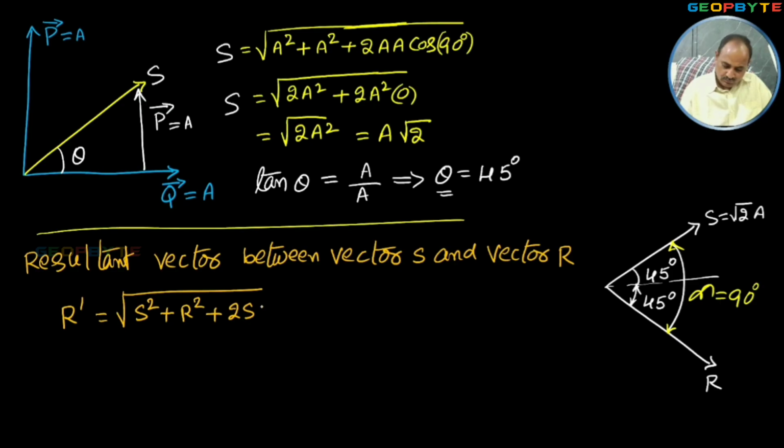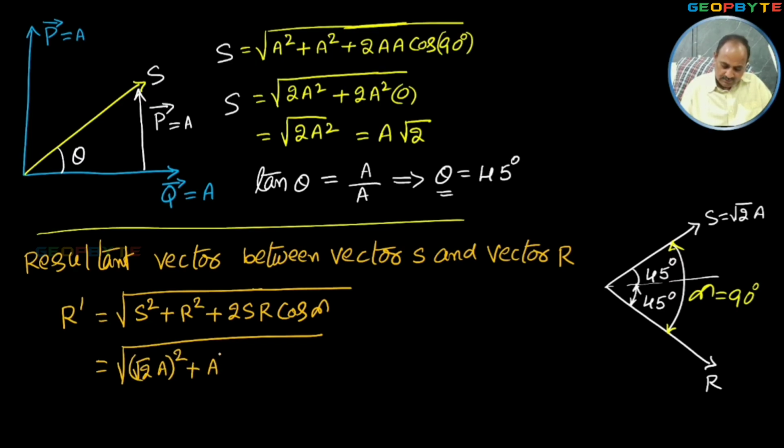Alpha is the angle between these two vectors. It is equal to root under S equal to root 2A whole square plus R equal to A square plus this part, since alpha equals 90 degrees, cos 90 equals 0, and 0 times something is 0. So finally it is root over 2A square plus A square.